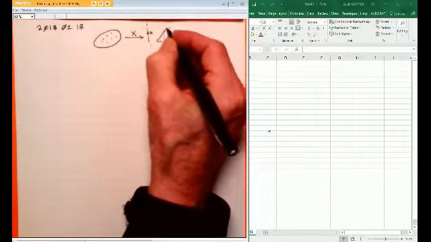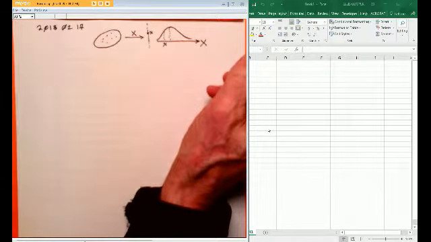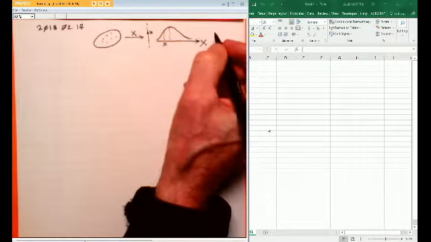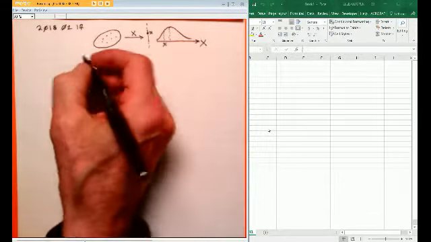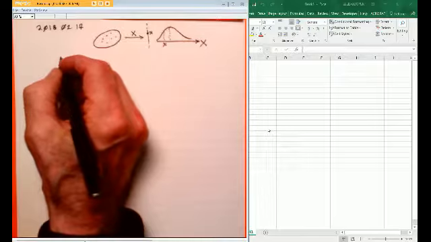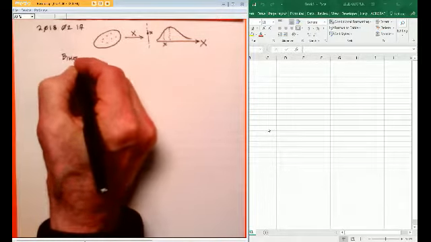And in general, you get some kind of curve, and that curve is called the probability distribution of the random variable x.